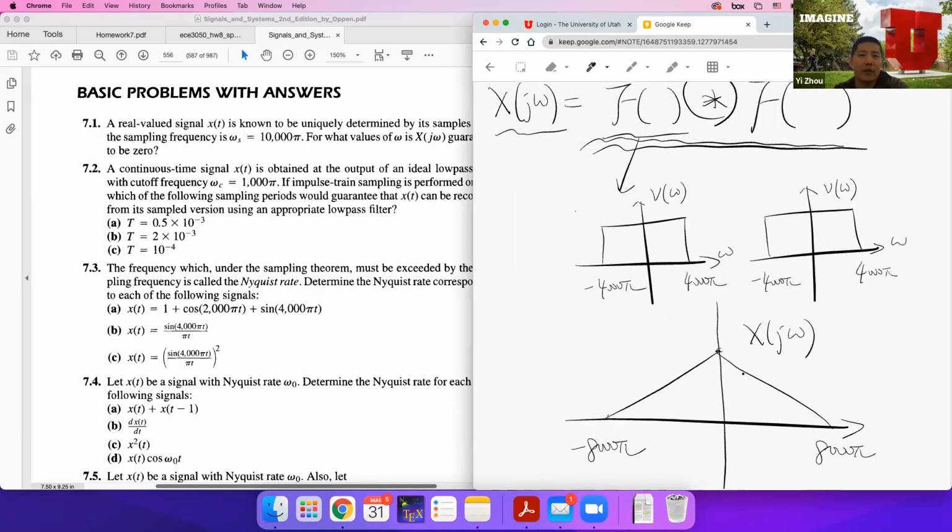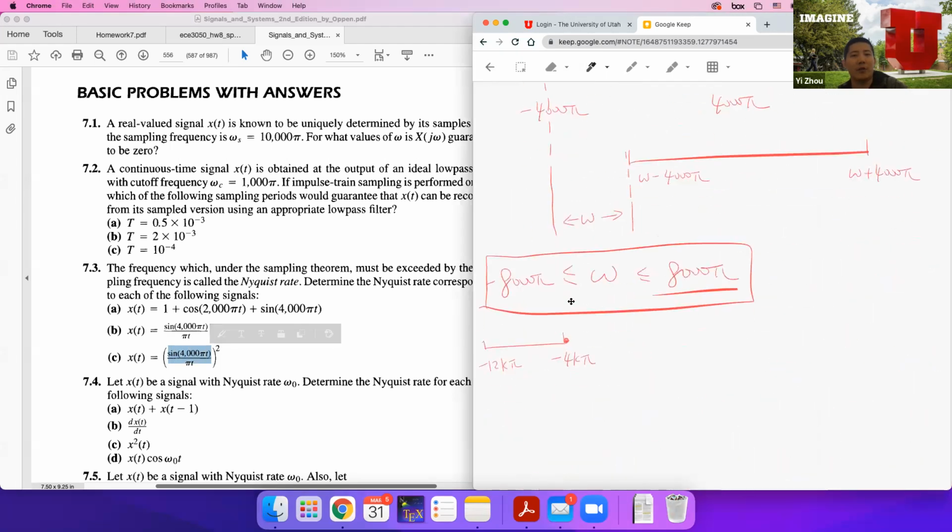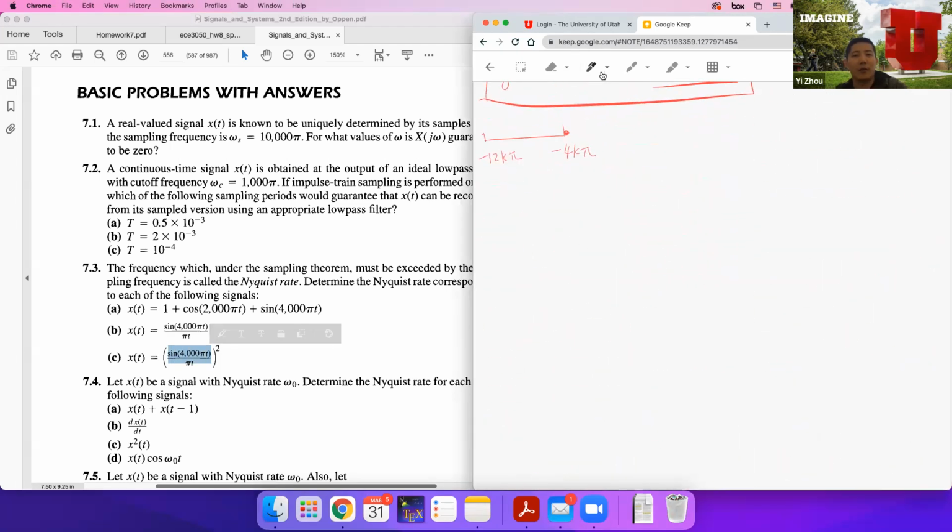But let's say this base signal turns out to have any arbitrary spectrum, like this one, and we know it's band limited, so we consider raising it to the power of 2.